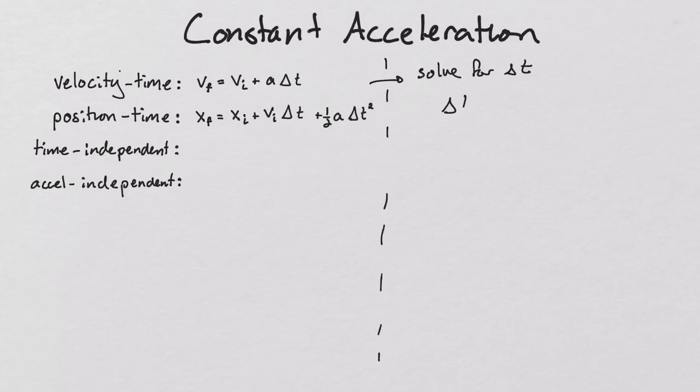When we do that, we find that the time interval delta t is the final velocity minus the initial velocity divided by the acceleration. Taking this expression for delta t, we can plug it into the position time equation.